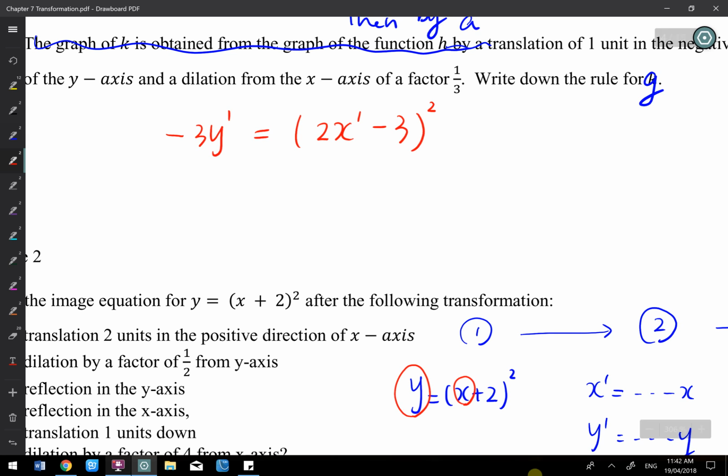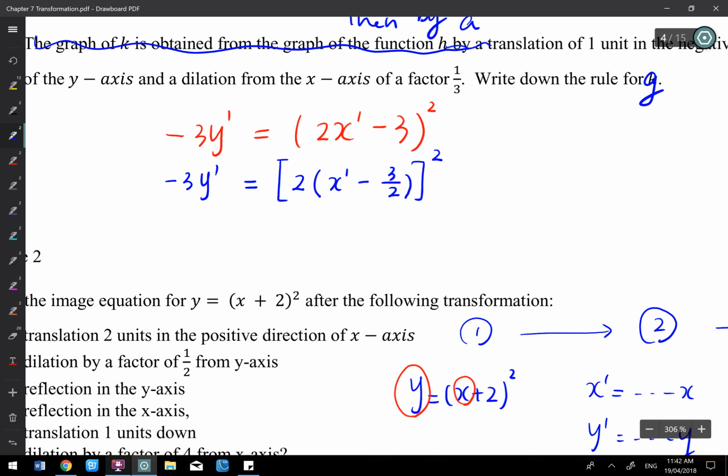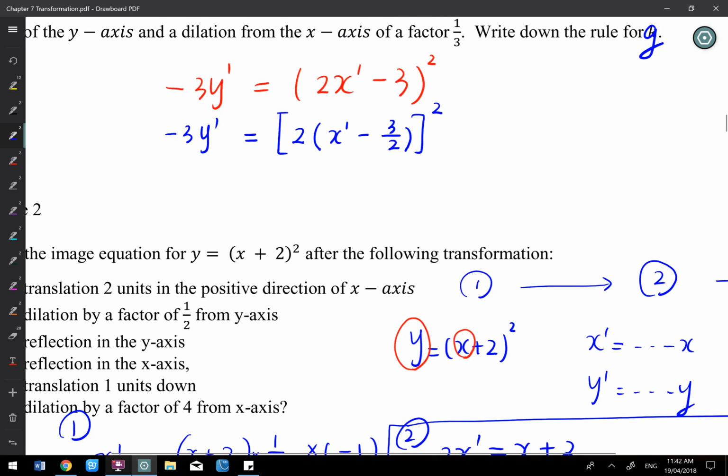So what I can do, I leave the minus 3 first on that side. Just keep it there. This in the bracket, I can make 2 times the bracket x dash minus 3 over 2, and then that will be squared. Trying to make a single x in the bracket. I will tell you why tomorrow because we need this skill.